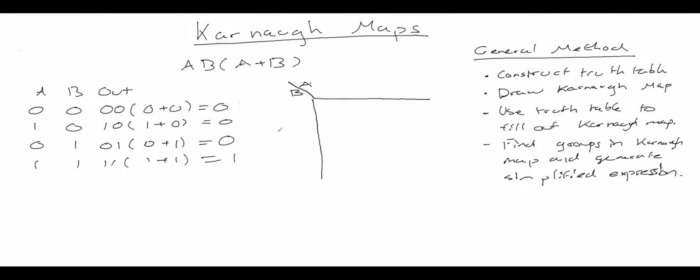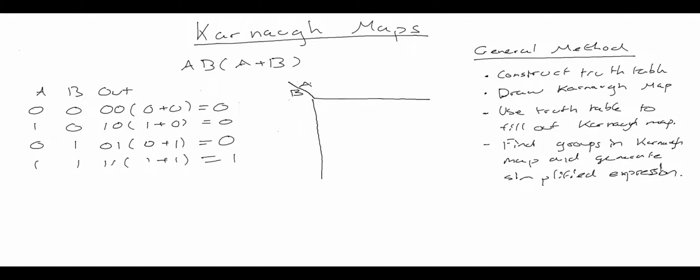And then what I'm going to do is use what's called a Gray code to label the axes, and you'll need to use a Gray code where the number of bits in the Gray code is equal to the number of inputs that you have on that axis. I'll show you how you can have multiple inputs on an axis in a minute, in another example.